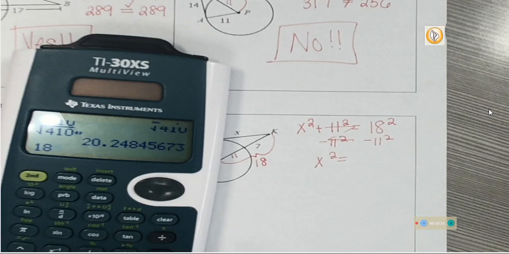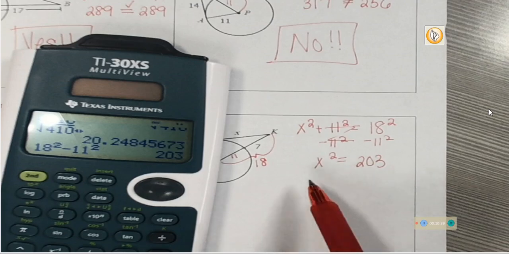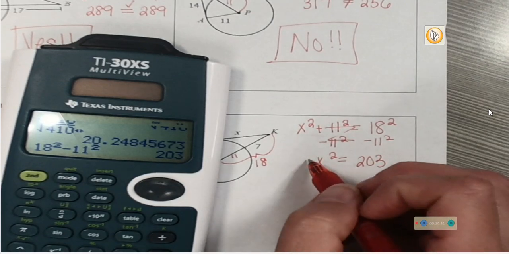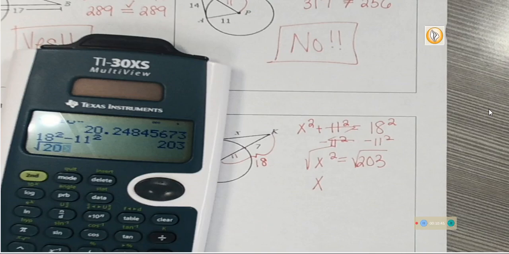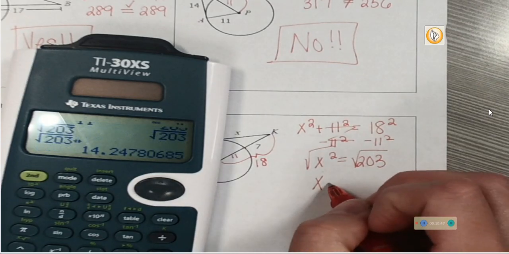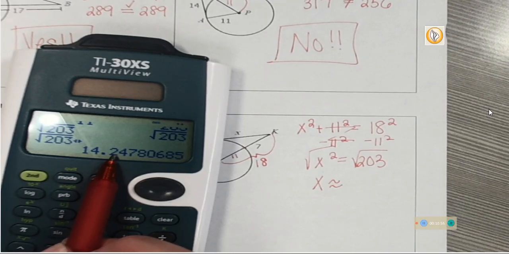I did 18 squared minus 11 squared. Let it do my work for me, and I get 203. How do I unsquare? Square root, okay? So, the square root of 203 is going to be a decimal, so let me use my approximate. I'm doing a length of a segment, so I've been told to measure to the tenths place.